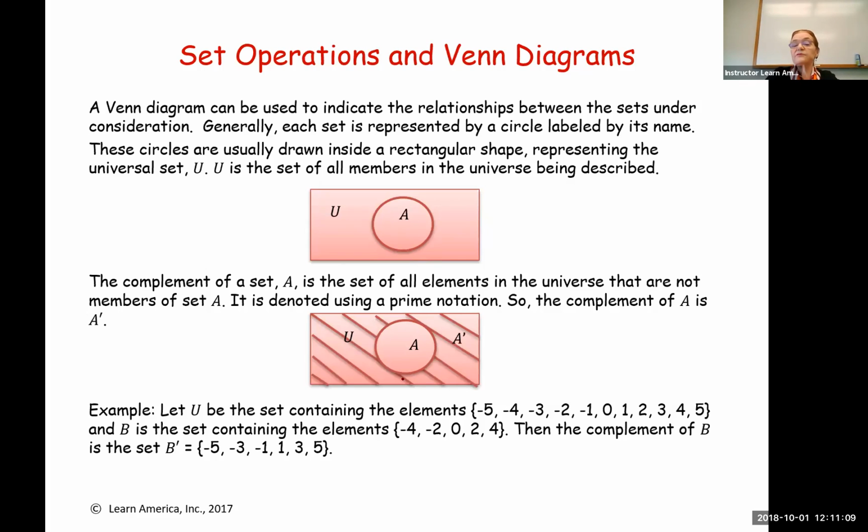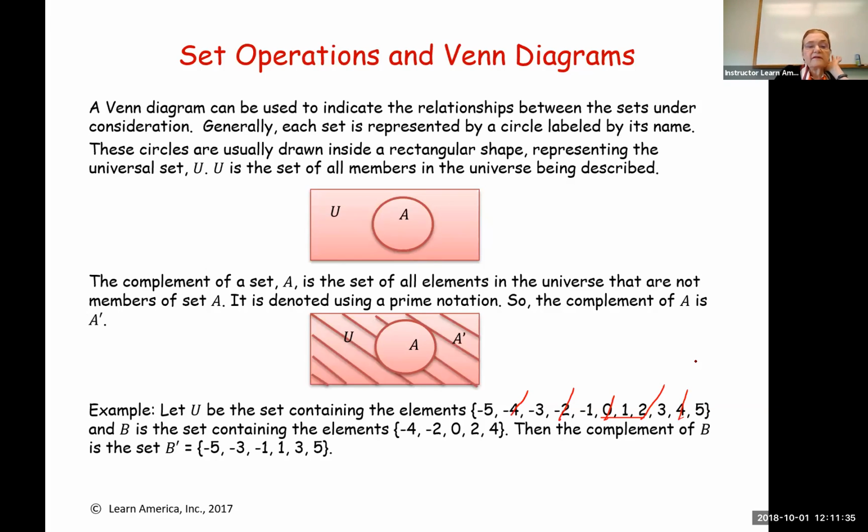So let's consider how this works. Supposing the universal set contains the elements we see here, all the counting numbers from -5 to 5. And let B be the set containing only the elements -4, -2, 0, 2, and 4. That in effect takes out from our set these elements. But now what are we left with?